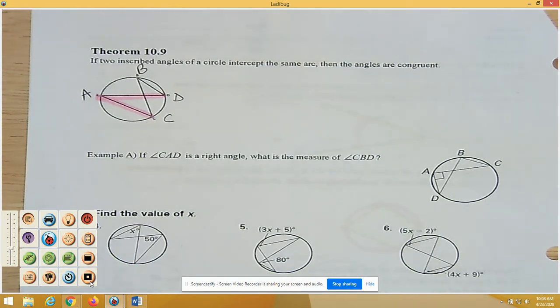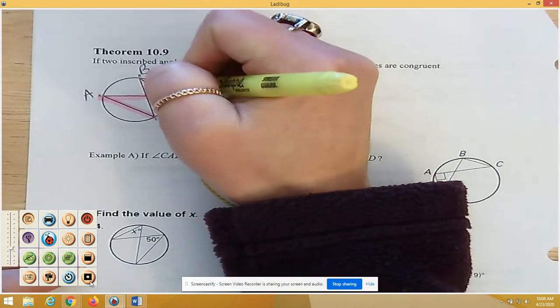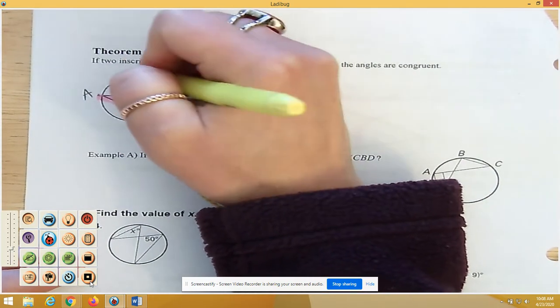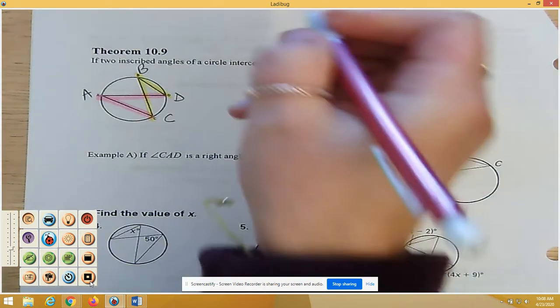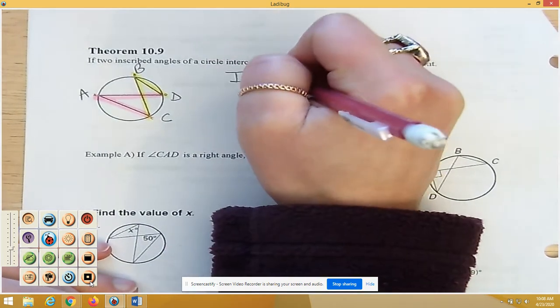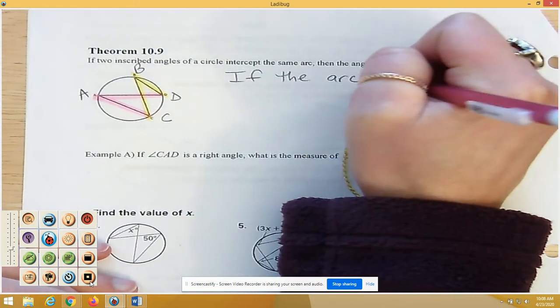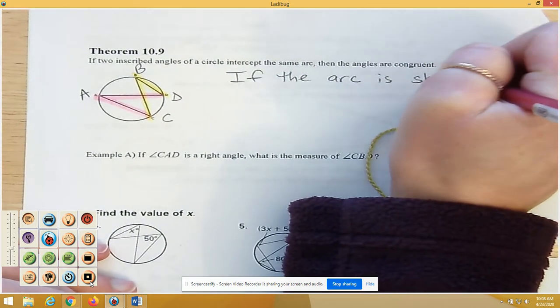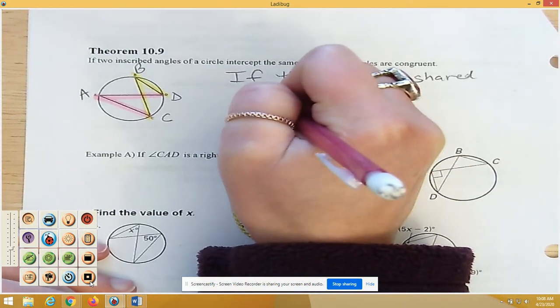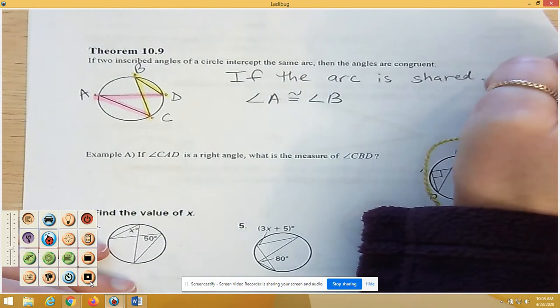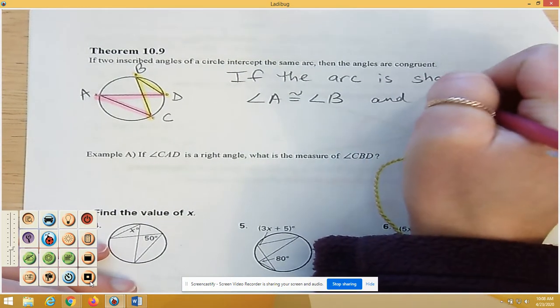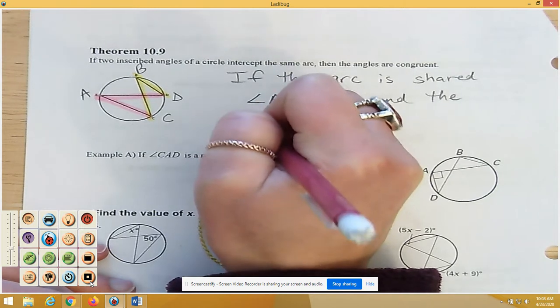If you look, there's another inscribed angle that shares the same arc, and that's angle B. So when 2 angles share an arc, angle A will be congruent to angle B, because the inscribed angles are congruent.